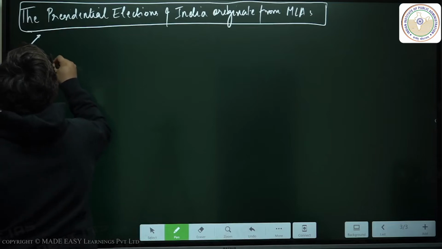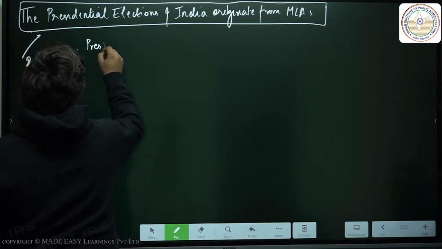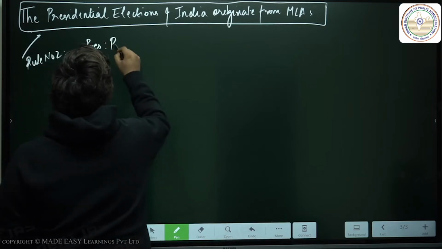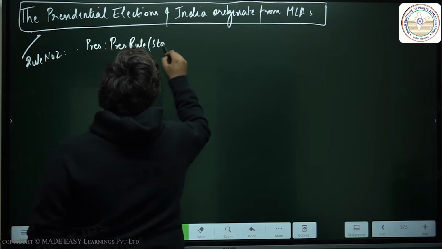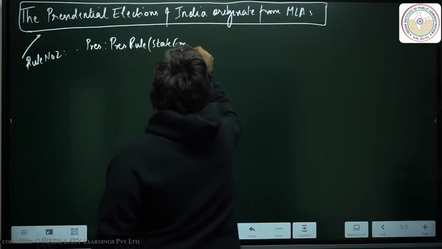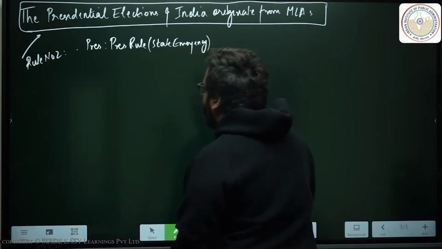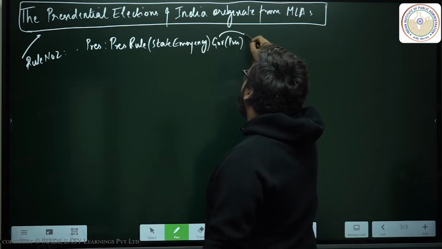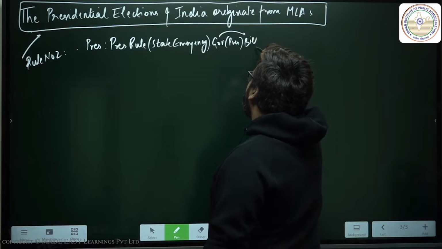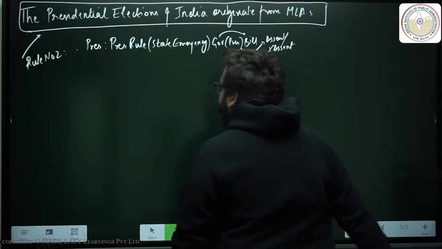This also satisfies our rule number 2, because the president has the powers to impose presidential rule, or what is called a state emergency. The president also has the powers, if the governor, who has been actually appointed by the president, refers a bill to the president to give an assent or not an assent to a specific bill.